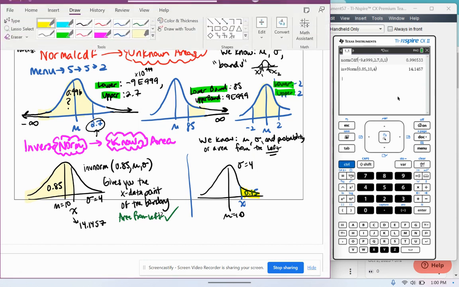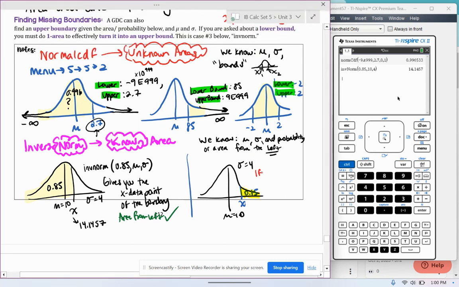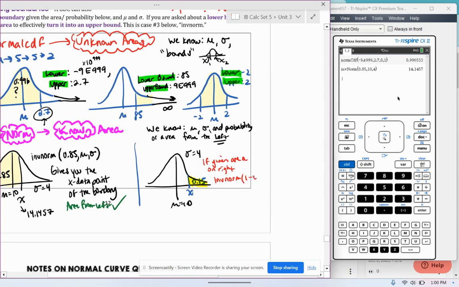So if given area on the right, you have to enter it into your calculator like this. You would do inverse norm, 1 minus the given area, which is 0.15, and then you would put in your mean and your standard deviation.